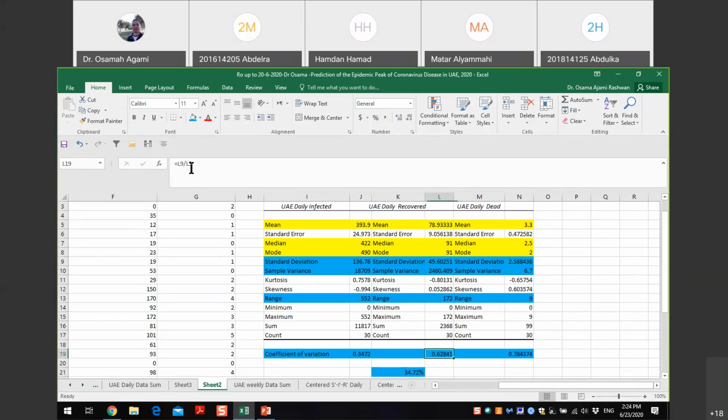This is a division of the standard deviation over the mean, right? So I can change this one into percentage to get this one back. So using Excel, no need to calculate many times, right? You can drag down or drag right.